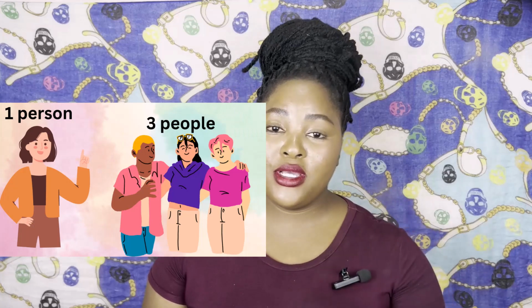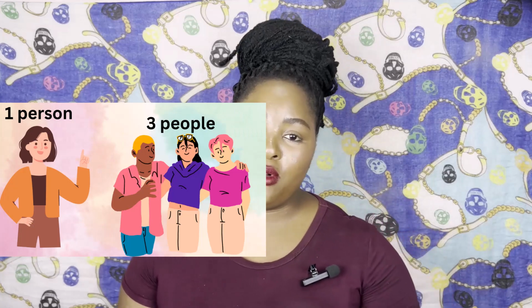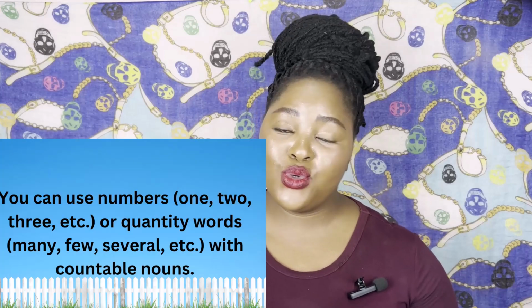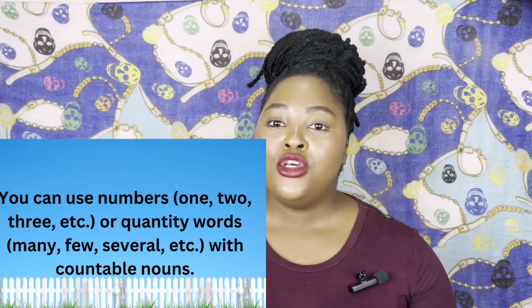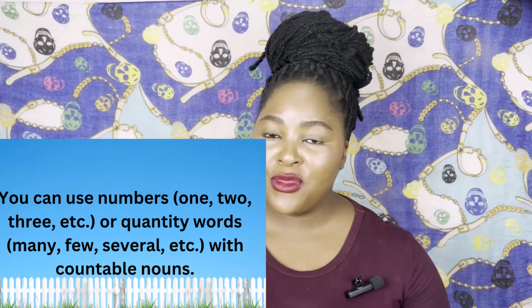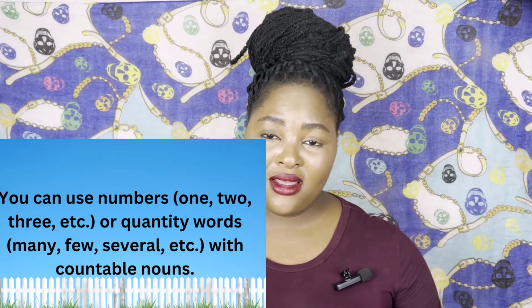For example, 1 person, 3 people. 1 book, 5 books. 1 apple, many apples, or 4 apples. So we can use numbers whenever we are talking about countable nouns. So we can use 1, 2, 3, 4, etc.